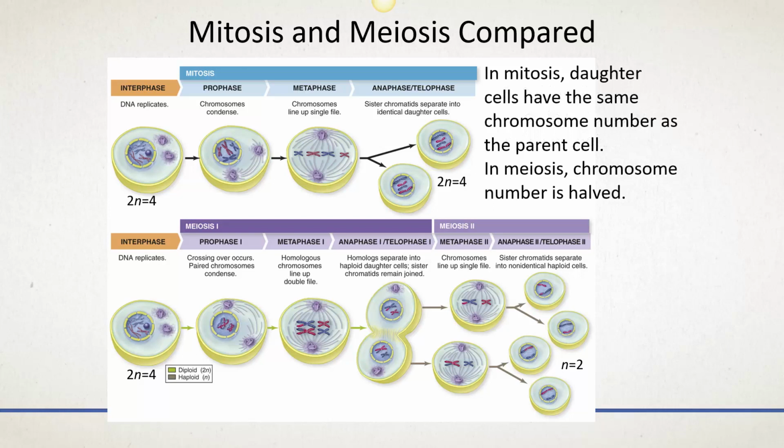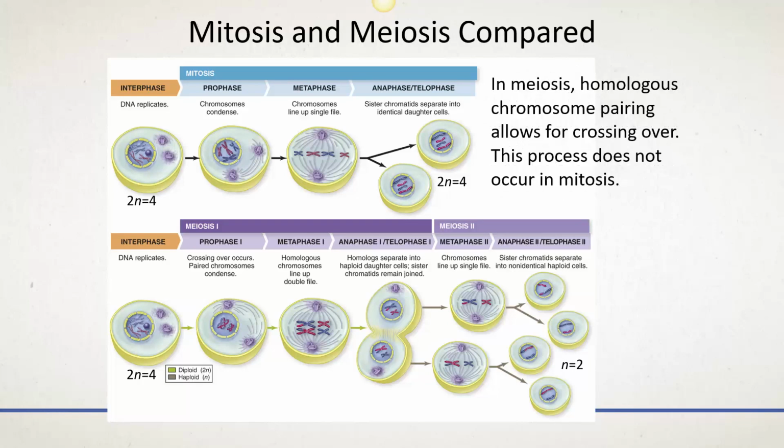In mitosis, the daughter cells have the same number of chromosomes as the parent cell, but in meiosis, the chromosome number is halved, so you end up with haploid daughter cells. In meiosis, homologous chromosome pairing allows for crossing over. This process does not occur in mitosis.